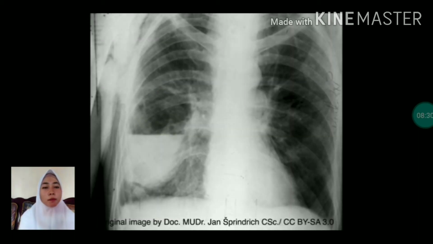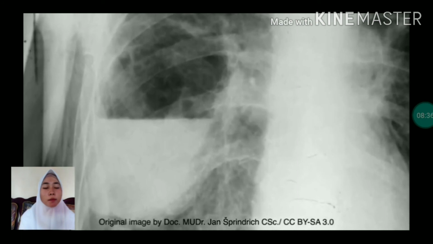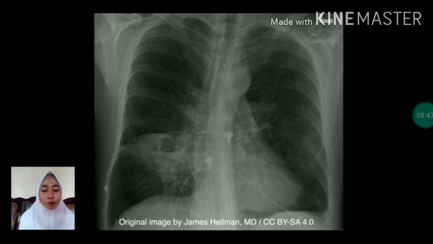In this X-ray, there is a large abscess in the right lung with a very clear air fluid level. The lung abscess in this X-ray is also in the right lung, but a little less obvious than in the previous X-ray.